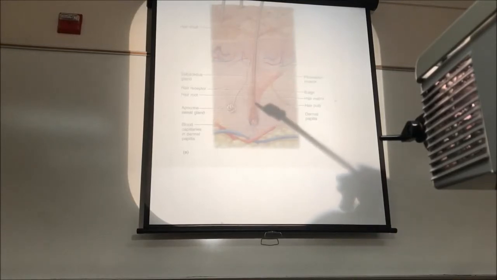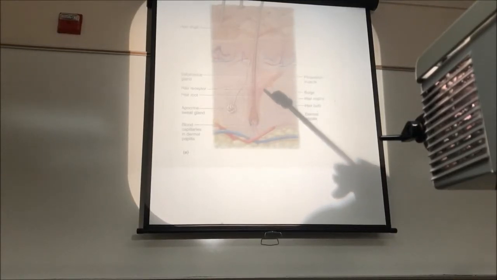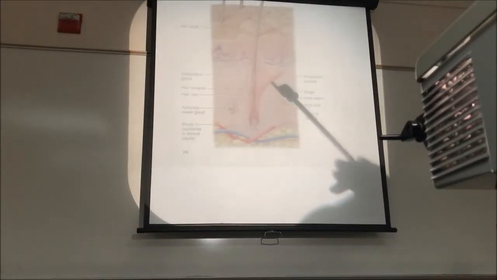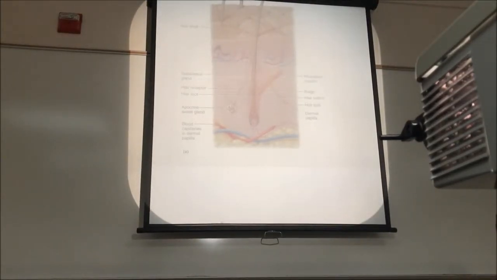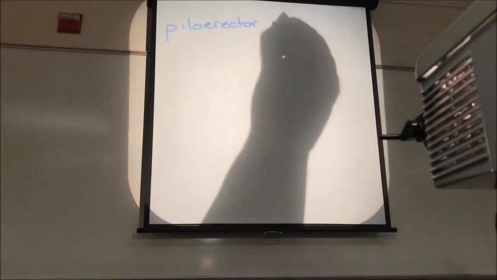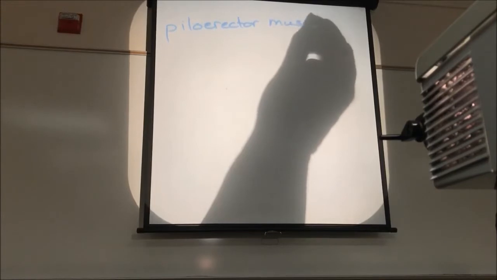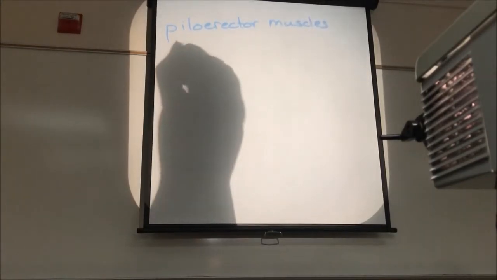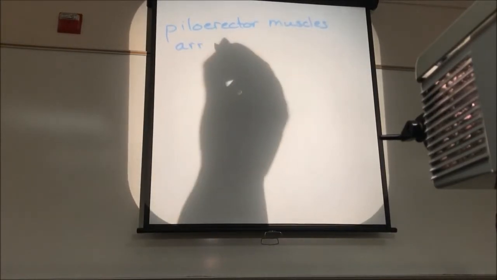All right. Now, you may have noticed this little guy over here attached to the follicle. This is actually a little band of smooth muscle. Associated with their hair follicles are little muscle structures called the piloerector muscles, also called the erector pili muscles.